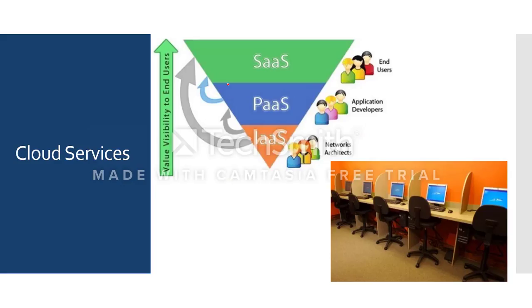When we think in cloud computing, we need to identify three basic concepts, and you will see these concepts. For example, when you are renting a computer within a cyber coffee. Let's imagine that you arrive to the cyber coffee.